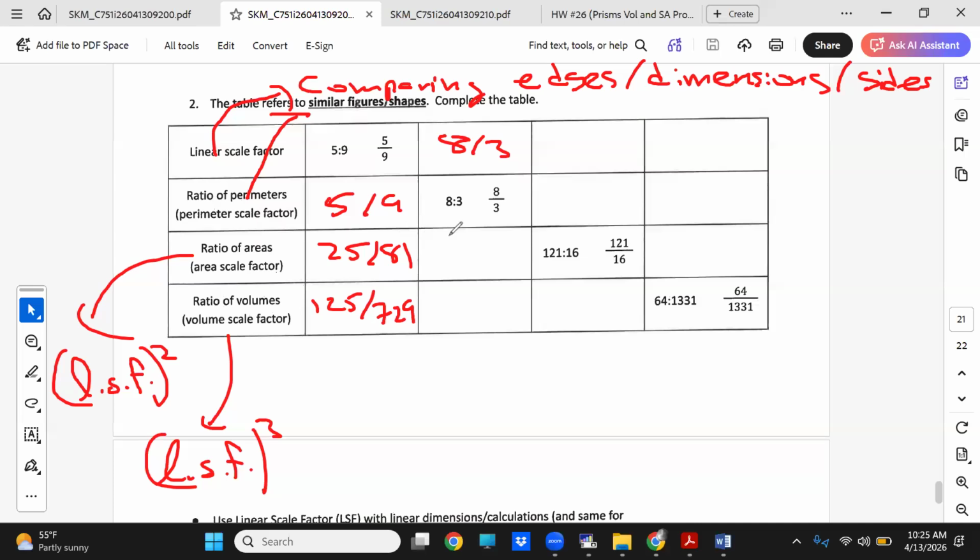If I complete the second column, what's the ratio of areas if the scale factor is 8 to 3? If you square 8 over 3, and if you cube it, a little hard to do 8 cubed in your head. Anyone want to take a stab and try in their head? 512. Good.